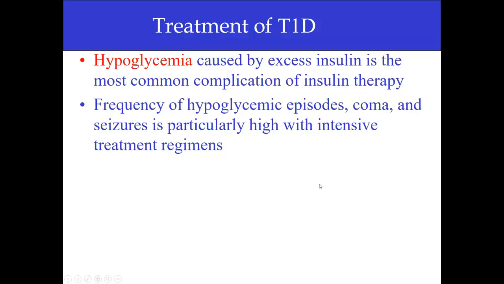Why is it dangerous? Because insulin therapy might lead to hypoglycemia. Type 1 diabetic patients, and diabetic patients in general, are at increased risk of developing hypoglycemia. Hypoglycemia can be dangerous because it can lead to coma and seizure, particularly for patients having the intensive treatment regimen.